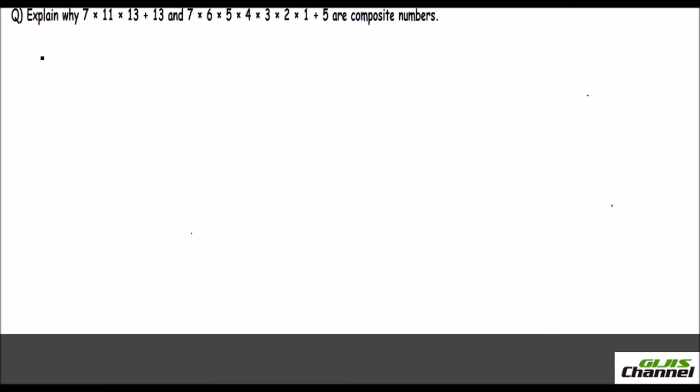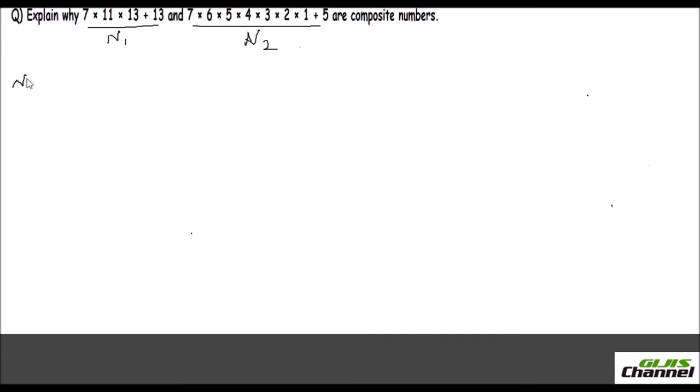Here they say, explain why these two numbers given here are composite. So the two numbers, I take as n1 and n2. And I am going to solve it separately to show that it is a composite number. So how do I show that it's a composite number? By proving that it is the product of prime numbers.